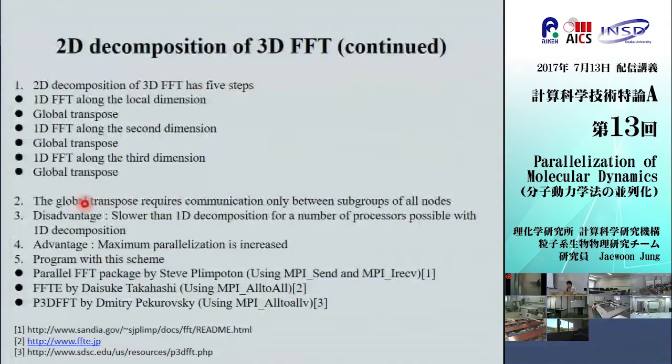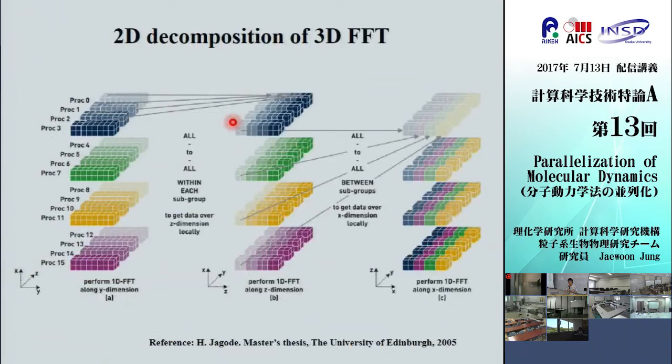The good thing is that the global transpose requires communication only between subgroups of all nodes. So all processors are not involved in the communication, but just a subgroup of processors. If you see this, in this communication, even though there are 16 processors, only 4 processors are involved. So you can reduce the number of processors involved in the communication.